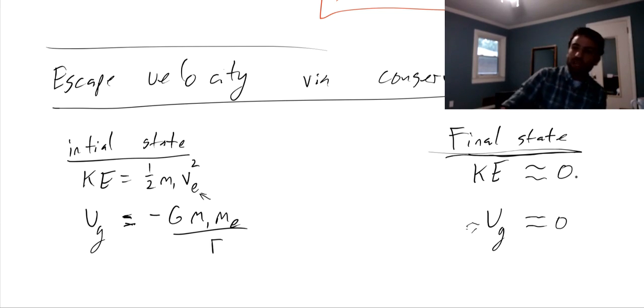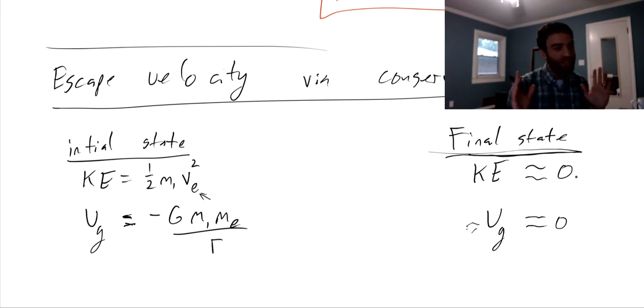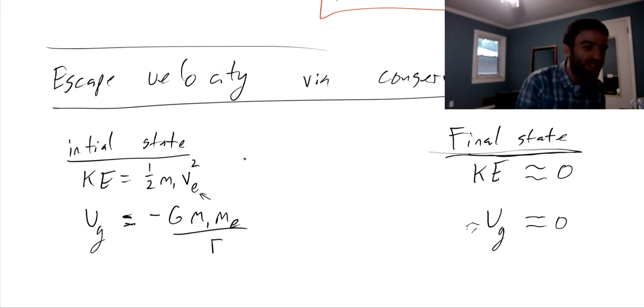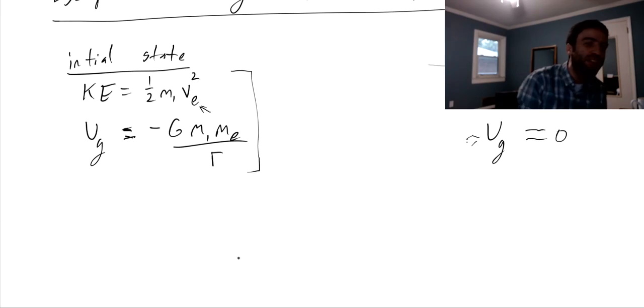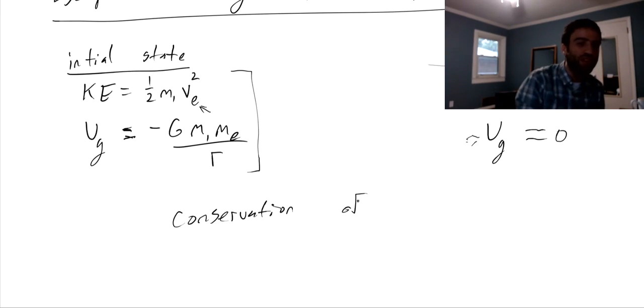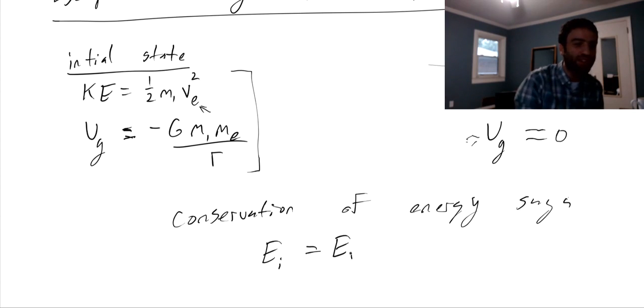So we can think about this process, again, with conservation of energy, because I know energy is conserved. Let me consider these two forms of energy my cannonball initially has. Conservation of energy says the initial energy is equal to the final energy.